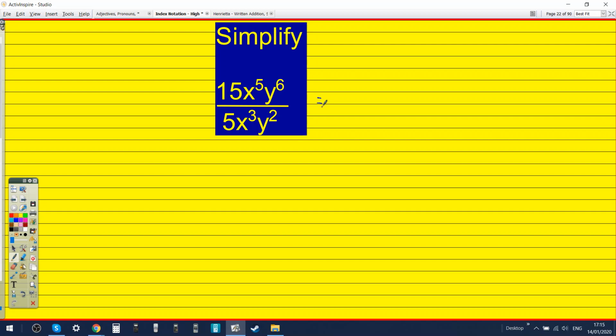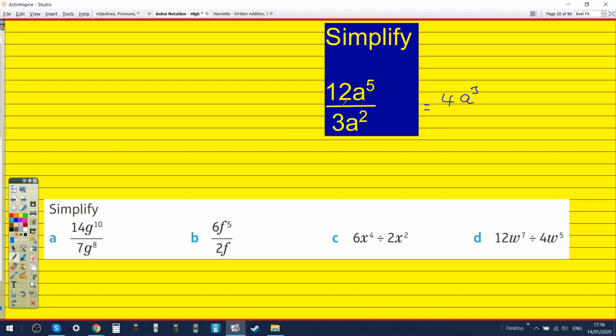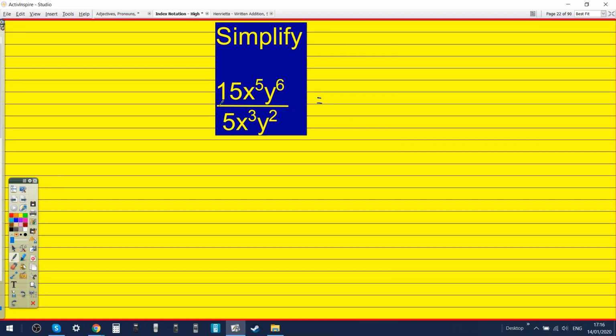Is it 6? No. It's divided, isn't it? So is it 20x? This is divided by? Oh, so it's 10? For this one it was 4. It's not 12 minus 3, 12 divided by 3. So for the normal numbers you do it normally, and then for the index numbers you would subtract.